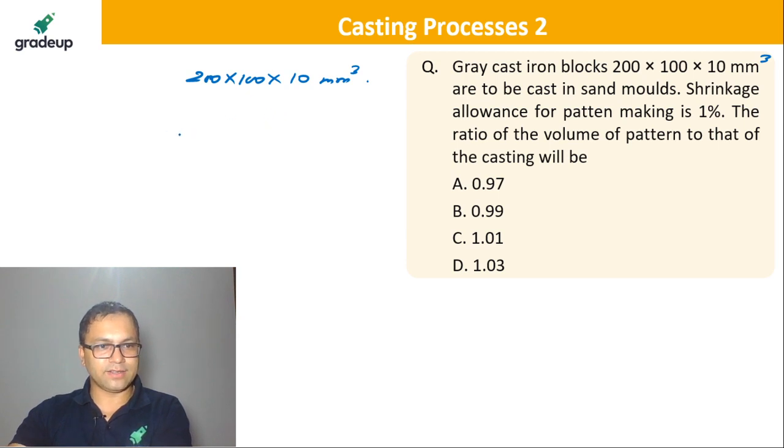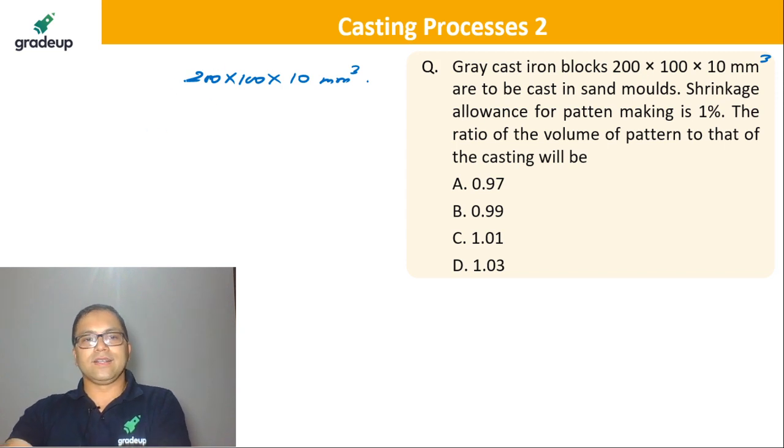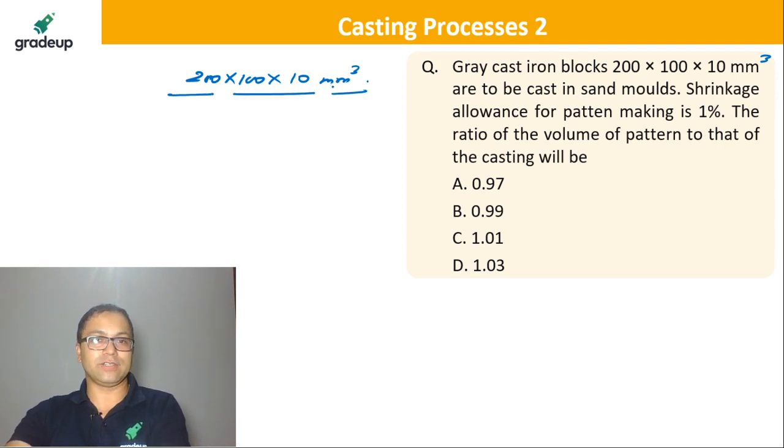Yes, Abhinash, you're right. Sri Babu, you're also right. Atul, Pradeep, yes. So what is given to us are these dimensions: 200 into 100 into 10 millimeter cube. Now shrinkage allowance for pattern making is 1%. So which shrinkage is it given?